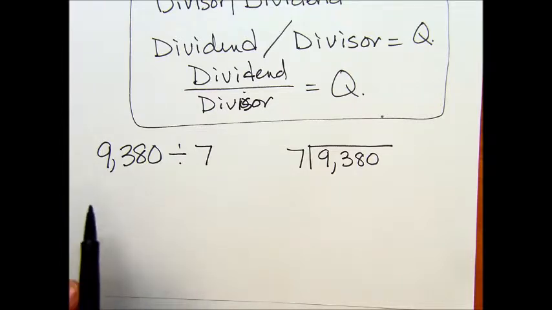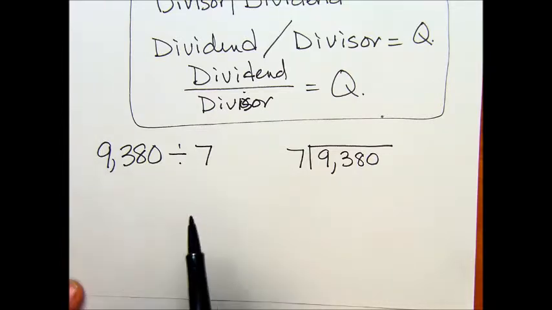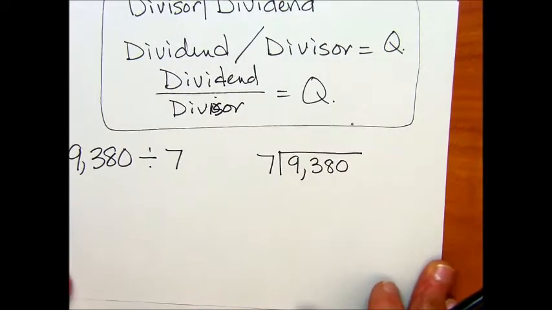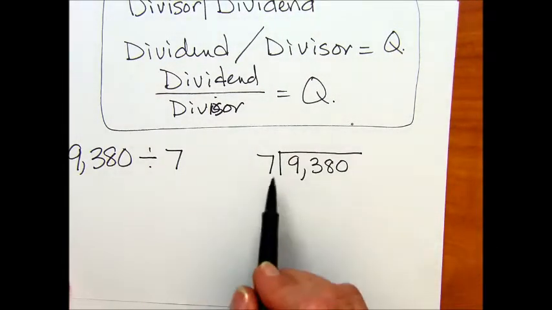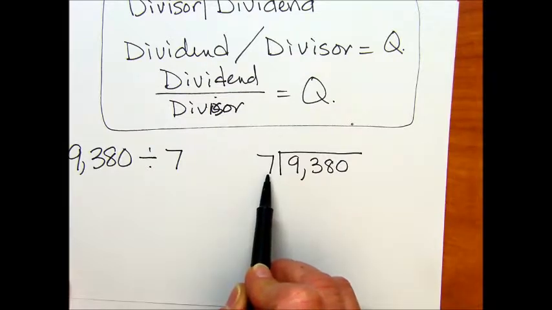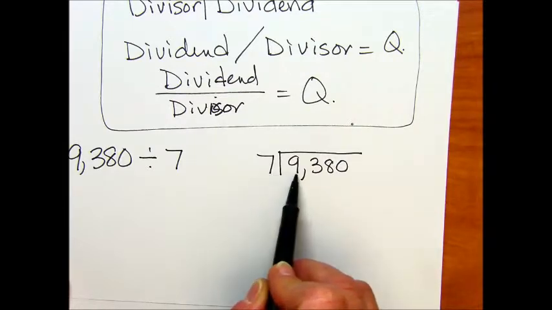So each group is going to get the same amount, and that's what we're figuring out here in this problem. To begin, we're going to start from the far left position, and we're going to say to ourselves, how many times does 7 go into this first number? And in this case, it does go into the 9.